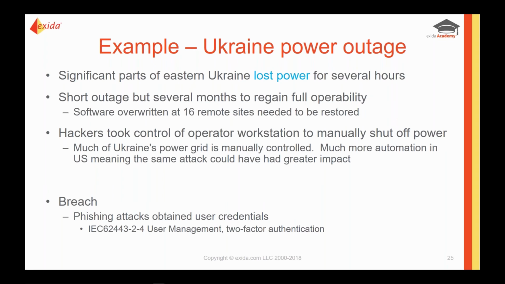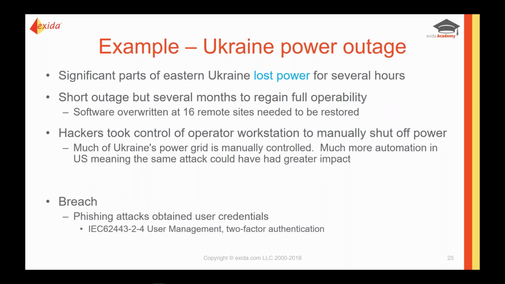In Ukraine, much of the power grid is manual, but in the United States, a lot of it's automated. So if a similar kind of attack had occurred here in the States, there may have been much more success on the part of the hacker in shutting down larger areas of the power grid. Most of their attacks were successful as a result of phishing attacks to get user credentials.